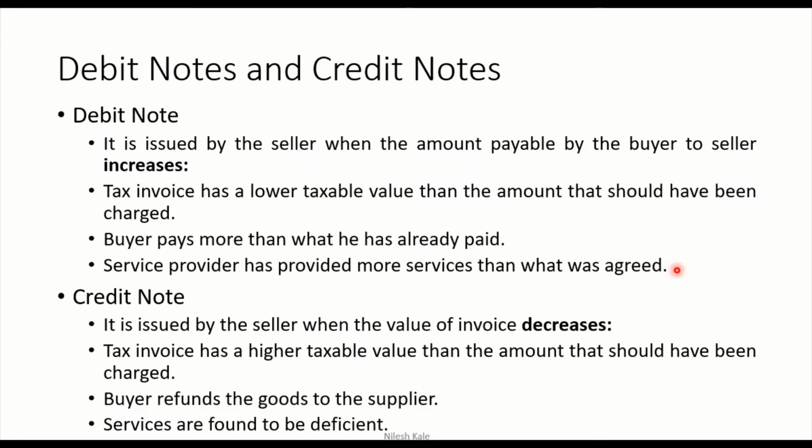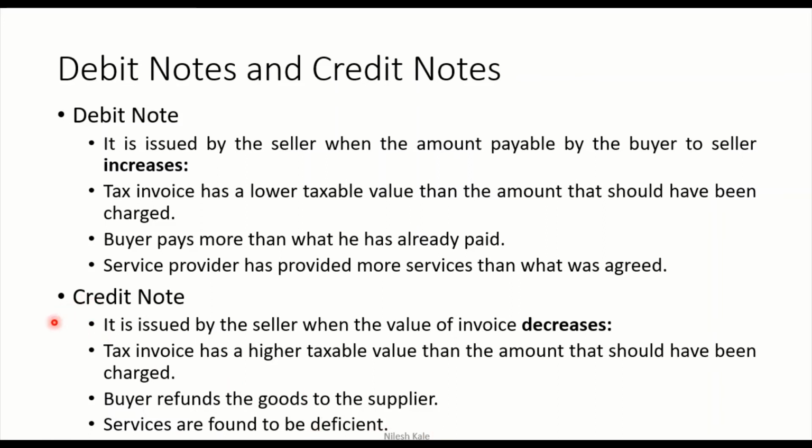In such cases he will charge more, right? The contract was for one day, but he is giving service for 2 days. In such cases a debit note is issued. And if services are found to be deficient, in such cases a credit note is issued.